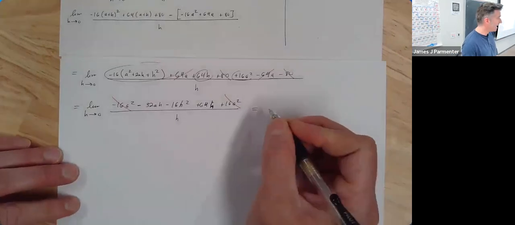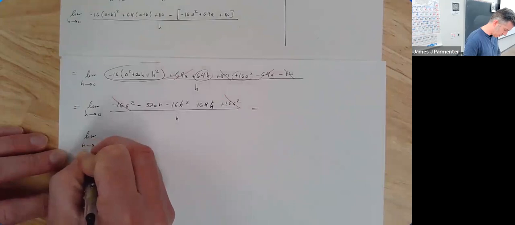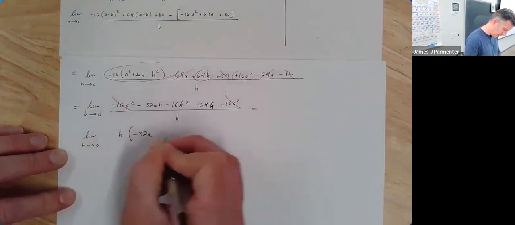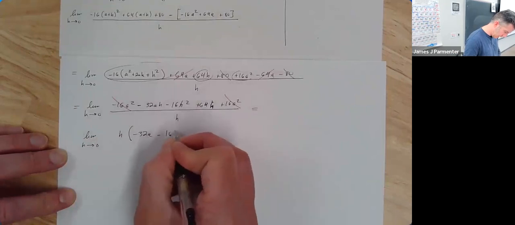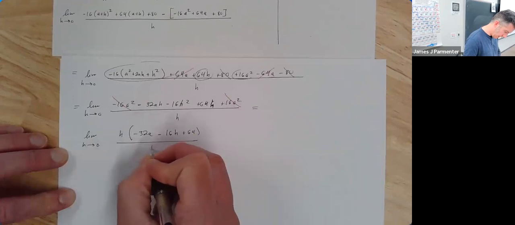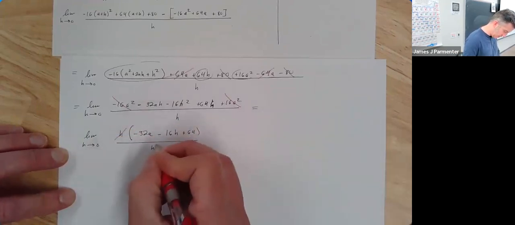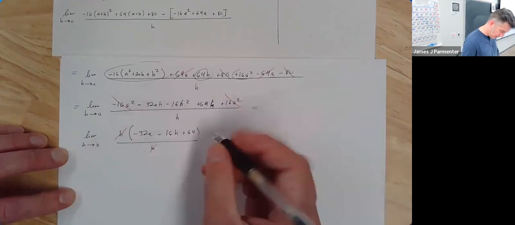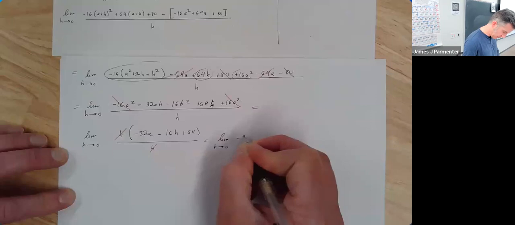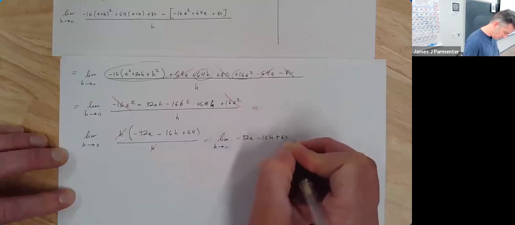Because now we can factor out an H from the numerator. The limit as H goes to 0 of H times negative 32A minus 16H plus 64 all over H. The H we factored out gets to cancel with the H in the denominator. And then we're left with the limit as H goes to 0 of negative 32A minus 16H plus 64.